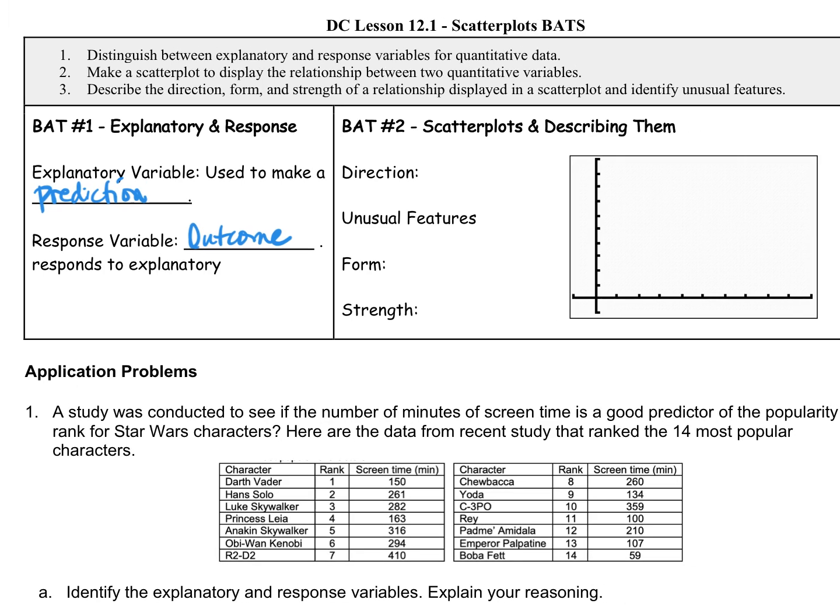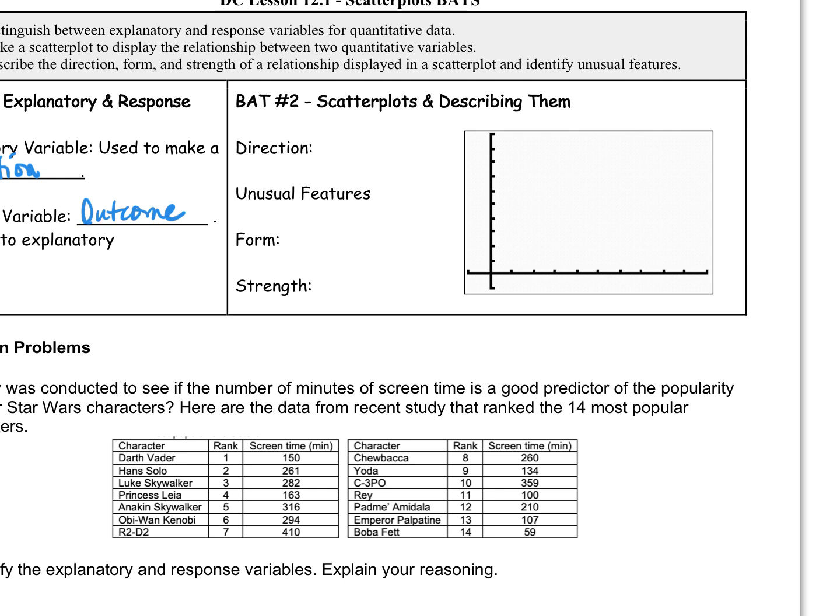So when we describe a scatter plot, direction is either going to be positive or negative. Okay, they used U, but I used O, but this is like outliers. Outliers or unusual features, however you want to refer to it.